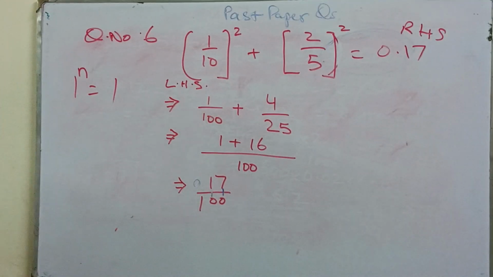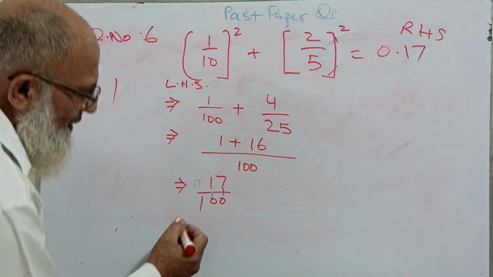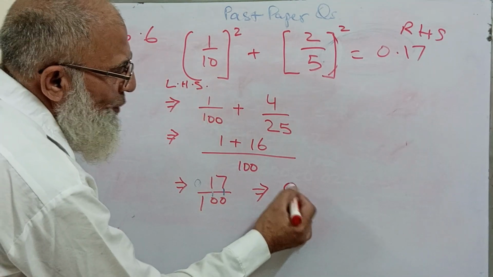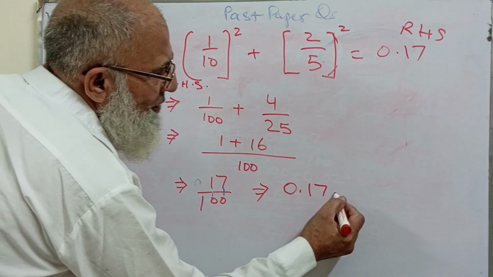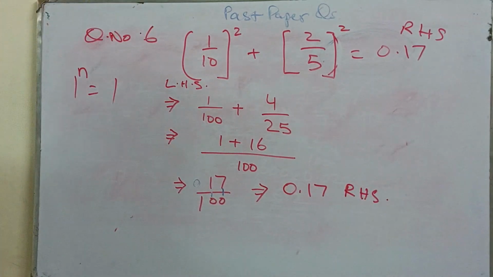Now you see that it will become 0.17, which is equal to RHS. So this was quite a simple question.